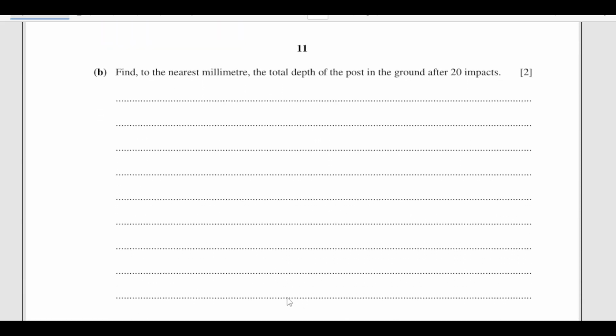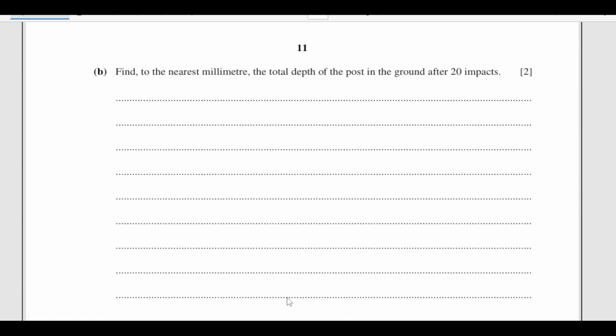Now next, find to the nearest millimeter the total depth of the post under for 20 impacts. So when we say total, that means we need a sum, right? So look at the keywords, how to figure it out. So 20 terms, so n is 20. So we are basically looking for S20, right?